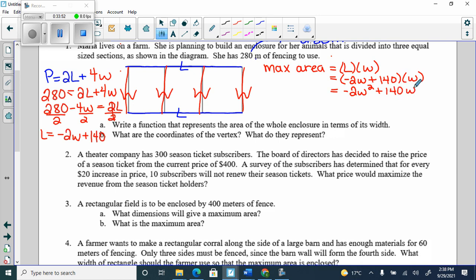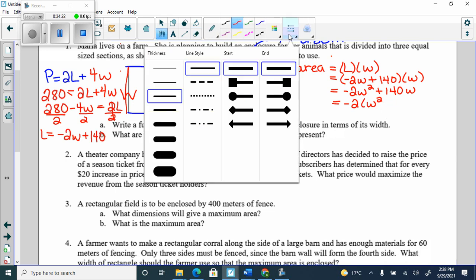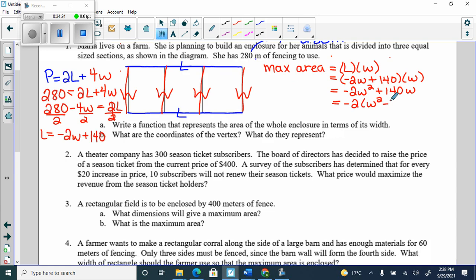It doesn't matter what questions I ask you, what are you going to have to do next? Complete the square. Get it into vertex form. So I take the negative 2 out. I'm left with W squared minus 70W plus something.